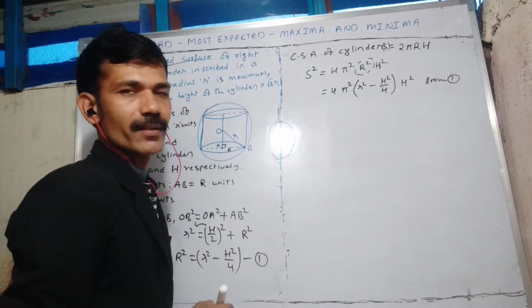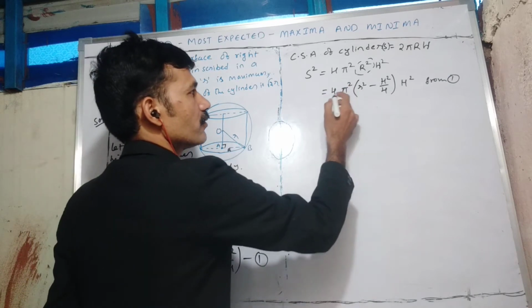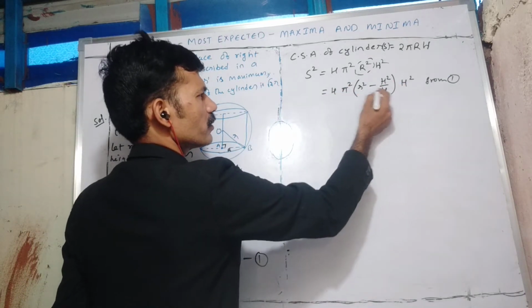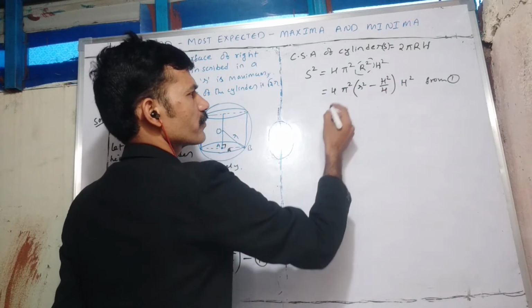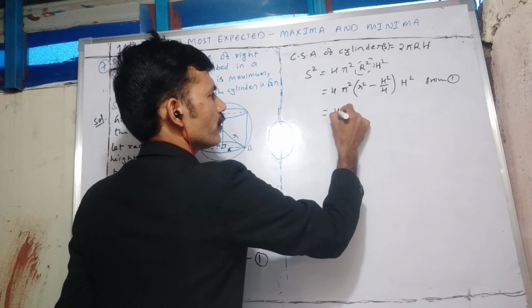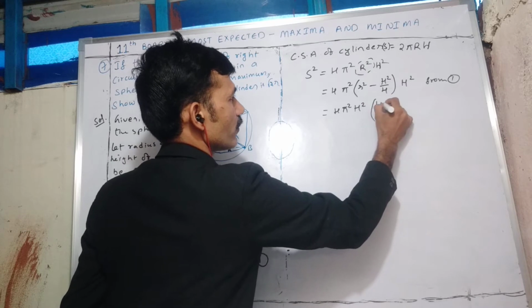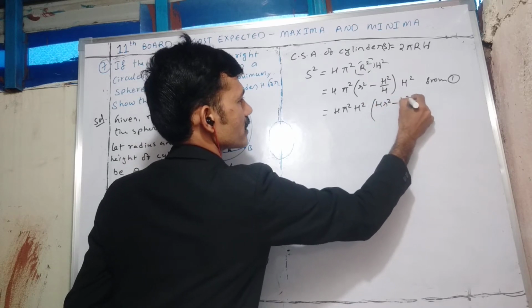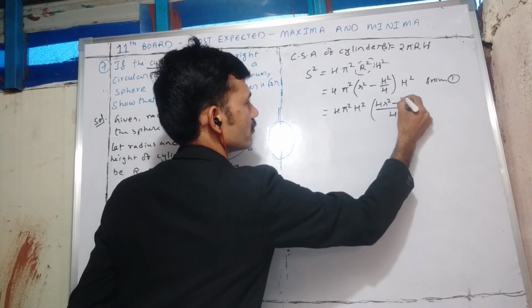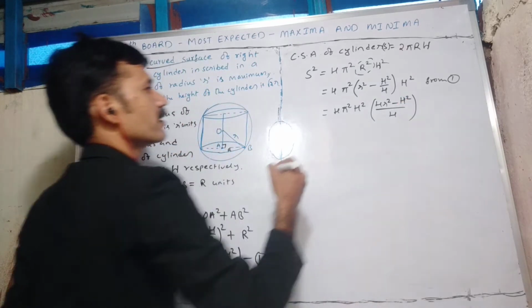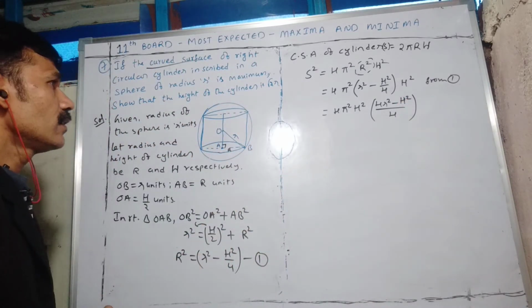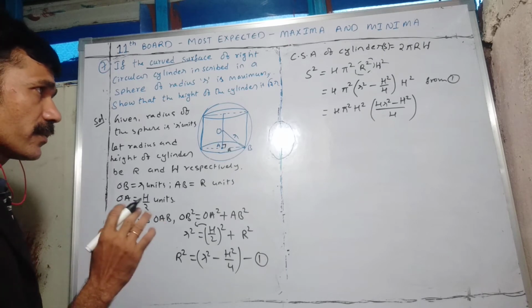Now I have to multiply by 4 pi square H square. You can do cross multiplication here. This will be 4 pi square H square, and if you do cross multiplication, 4r square minus H square upon 4. This we are having. Okay, you can multiply or we can keep it.